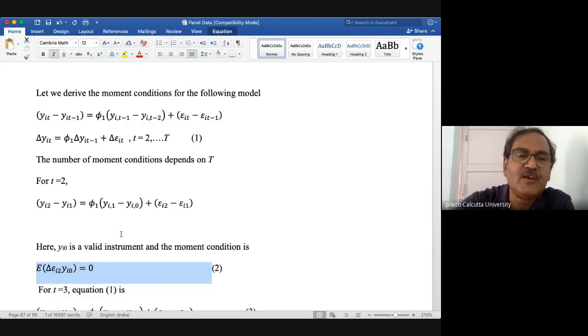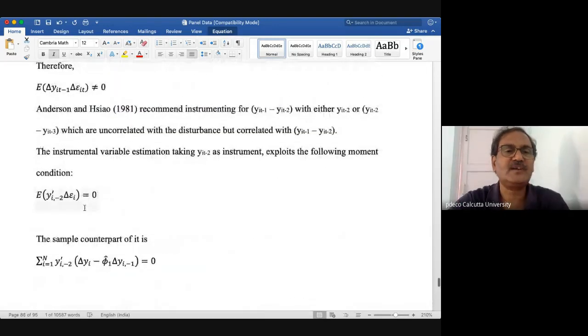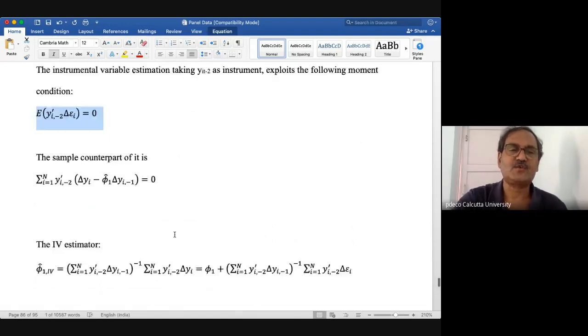So what did we do here? It is the same thing Anderson and Hsiao said; I am using the same moment condition. How did we get the moment condition there? By considering the instrument yi minus 2. In that case, yi minus 2 and the error are uncorrelated, and this is the moment condition. So we follow the same rule here also.